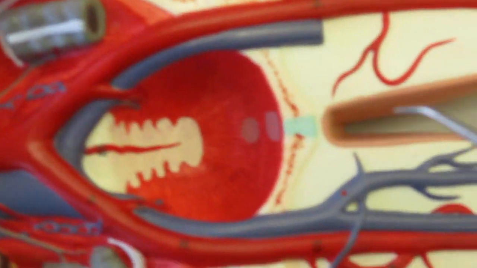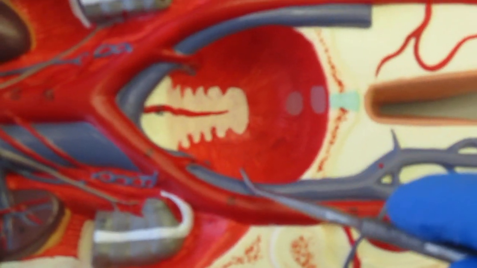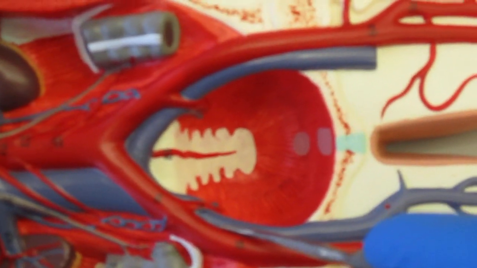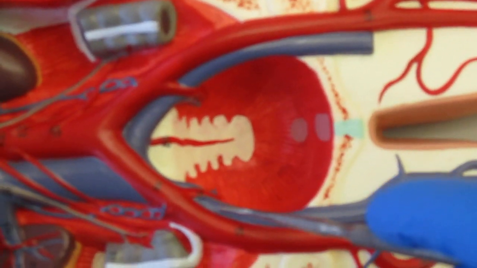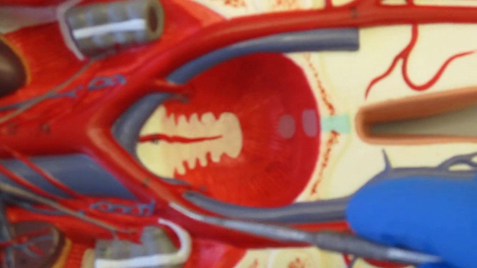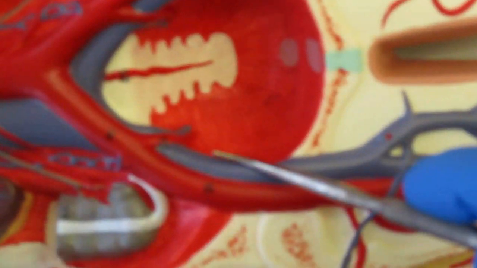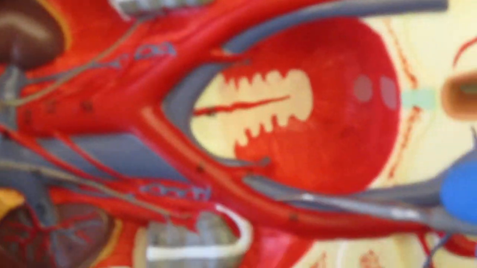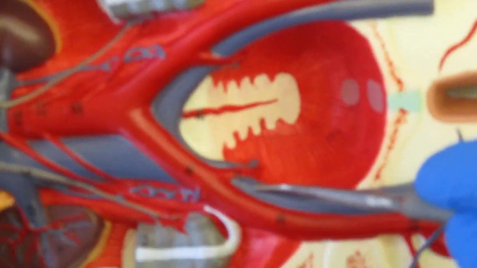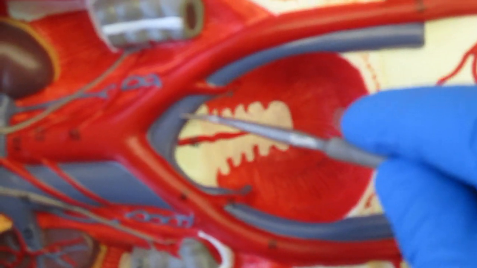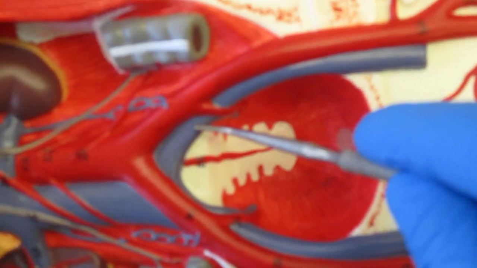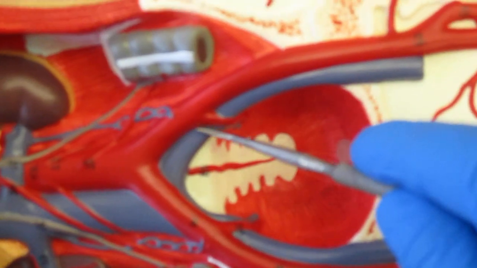And then we have the right and left common iliac veins, the same place that you have your right and left iliac arteries. So we have the same type of situation here. The common iliac vein here and here on right and left side, here and here.